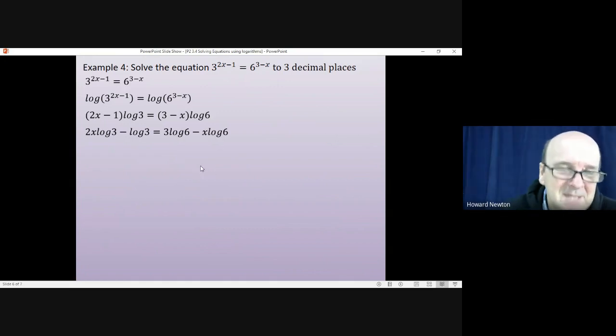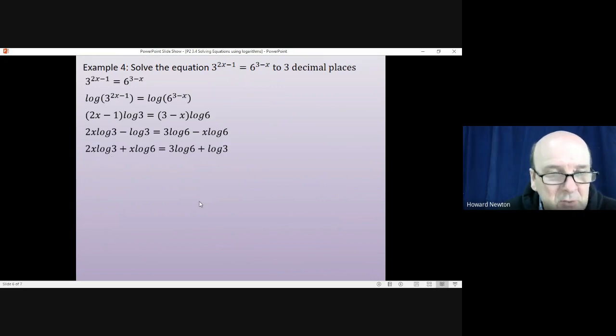This next step isn't completely intuitively obvious, but what we're going to do is collect the terms which have got x on the front on one side and collect the other terms which are just numerical on the other side. So that'll give us 2x log 3 plus x log 6 is equal to 3 log 6 plus log 3.